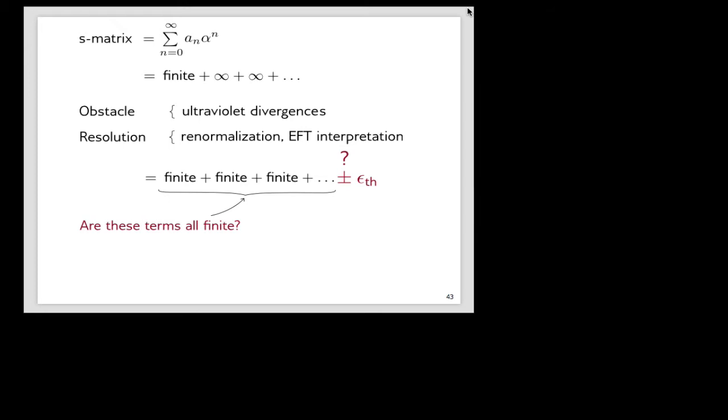But through the renormalization procedure and an effective field theory interpretation, we can remove the infinities from the very short distance contributions from the integrals. But the question we need to answer now is, are all of these terms that we get out from this process in fact finite? We've only checked that they're finite in one particular regime. We need to check the rest of the integration region.